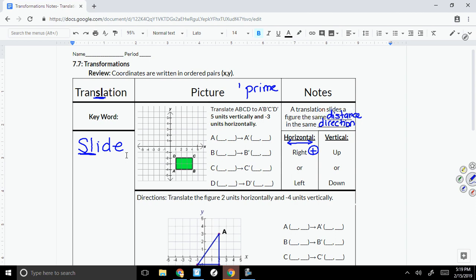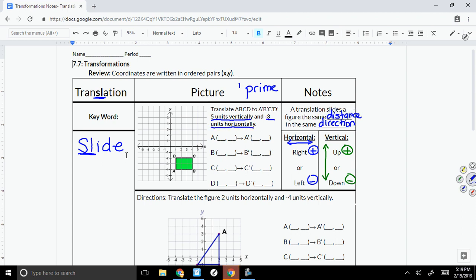If it's a negative number, I'm going to go left. When we talk about vertically translating the shape, if it is positive, it's going to be going up. If it is negative, it's going to be sliding down. So again, our example said 5 units vertically and -3 units horizontally.